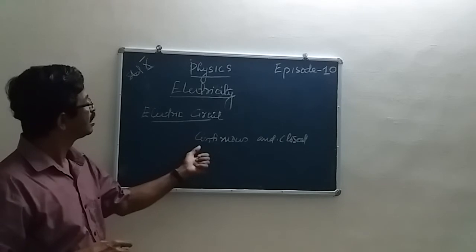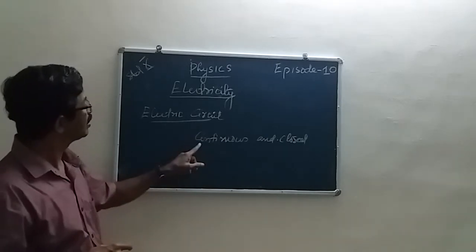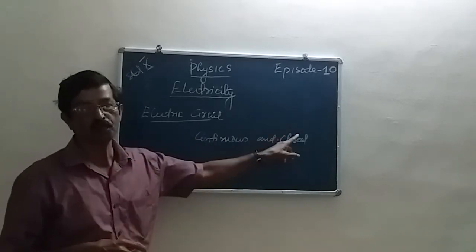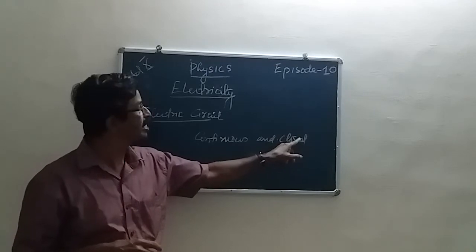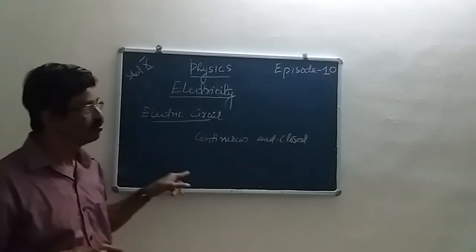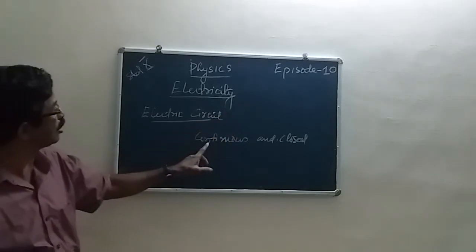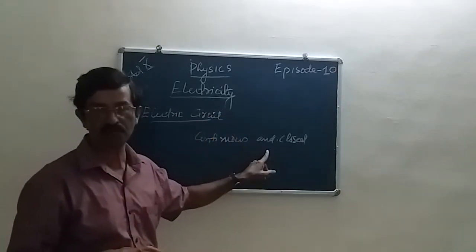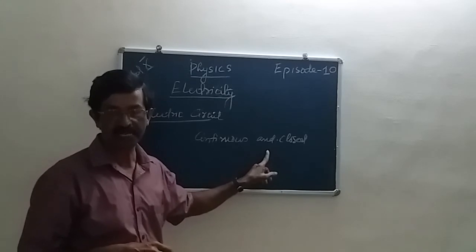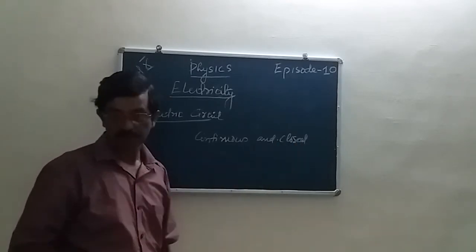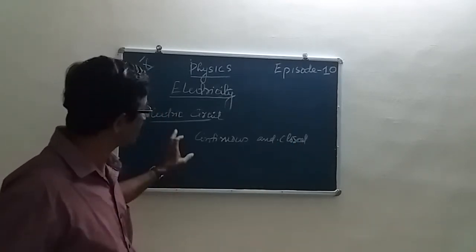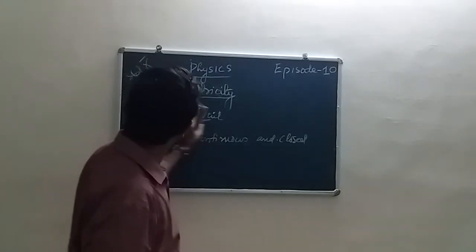What is an electric circuit? A continuous and closed path of electric current is called an electric circuit.